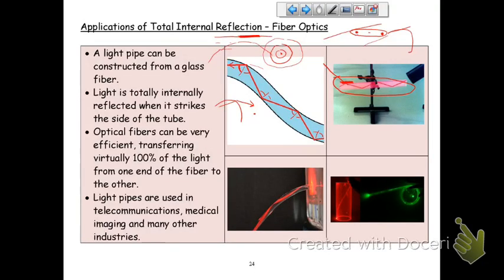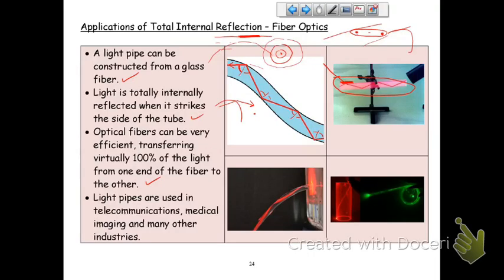So a light pipe can be constructed from a glass fiber. Light is totally internally reflected when it strikes the side of the tube. Optical fibers can be very efficient, transferring virtually 100% of light from one end of the fiber to the other. Light pipes are used in telecommunications, medical imaging. I had an endoscopy done recently, and the doctor just put a tube up my nose and down, and I could kind of feel something at the back.